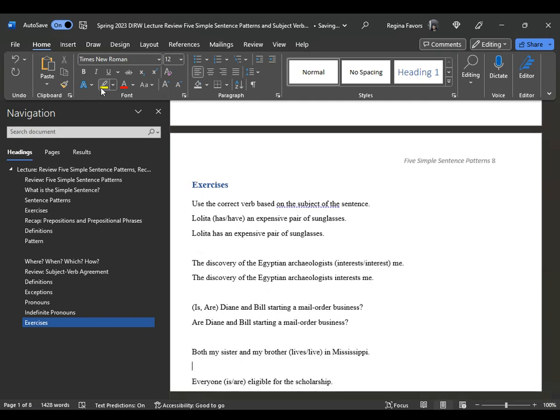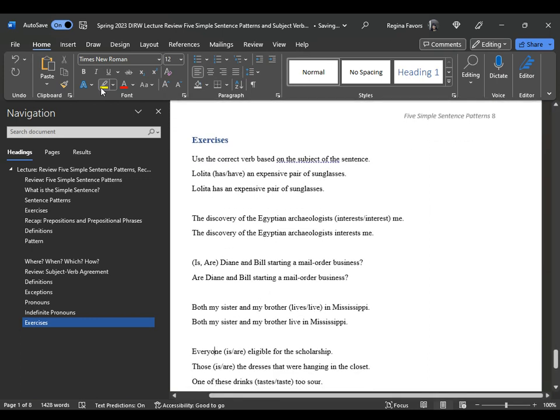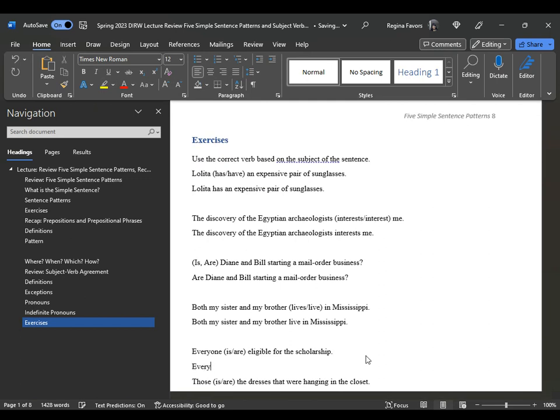Both my sister and my brother live in Mississippi. Compound subject is my sister and my brother. Strange as that is. All right, and then everyone, understand that we are treating everyone as singular, so everyone is eligible for the scholarship.